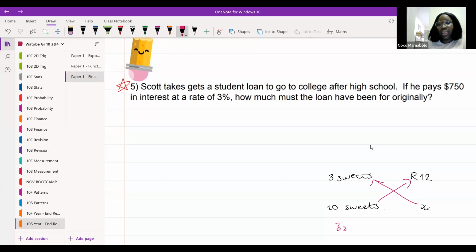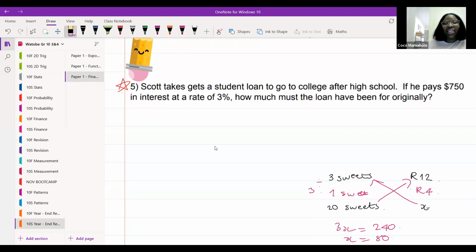And then we're going to get 3x is equal to 20 times 12, which is 240, so x is equal to 80. Or we can also divide by 3, and we'll find out that one sweet costs you 4 rand, and then you can translate that into 20 sweets.